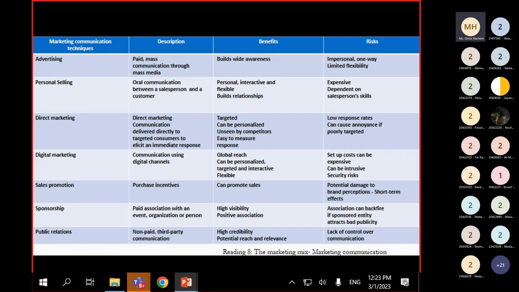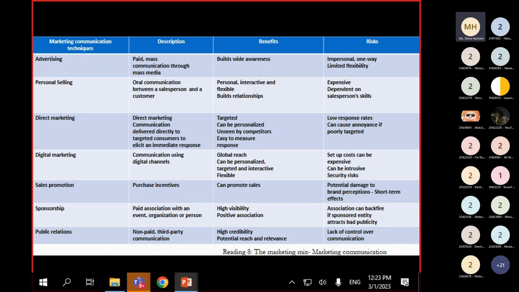All right. Another communication technique is digital marketing. What is digital marketing? It's anything you do digital, online. Okay. Now, let me tell you this. Videos, products that you see online, either on Google or on any other platform, this is all digital marketing.